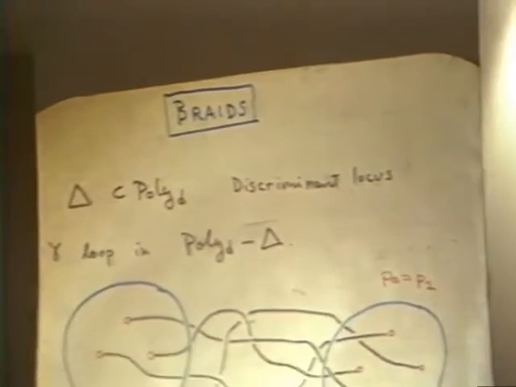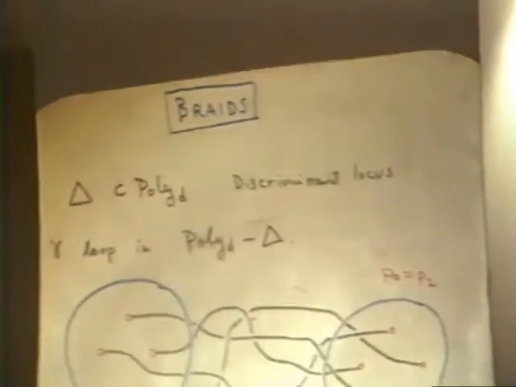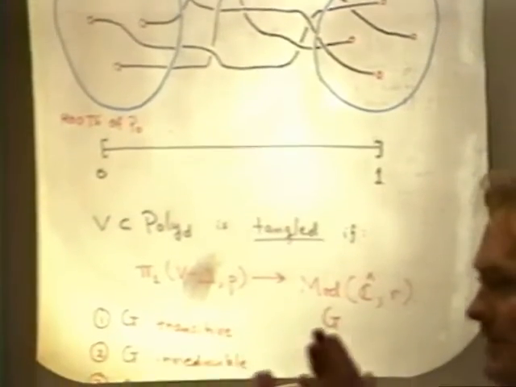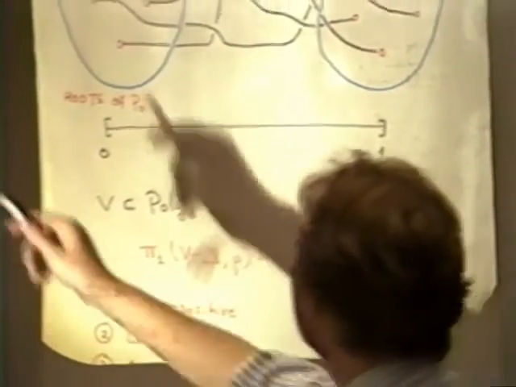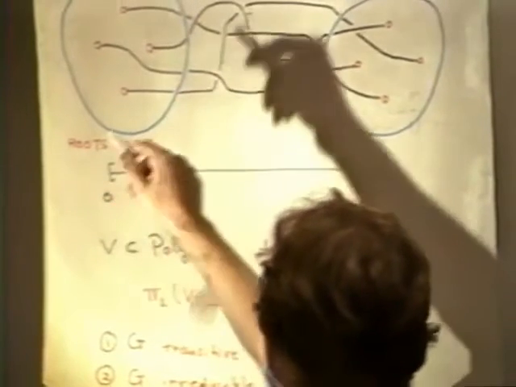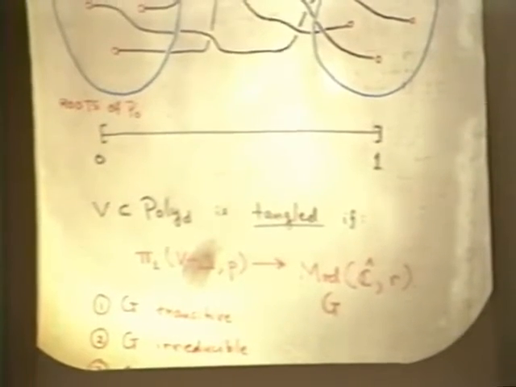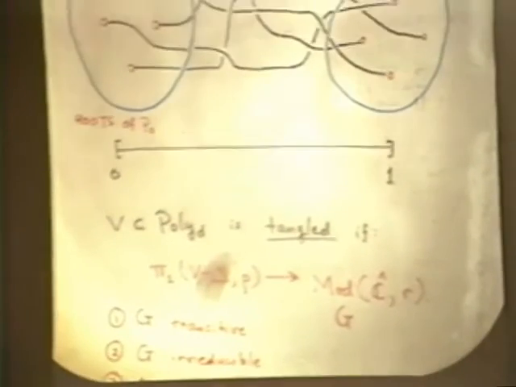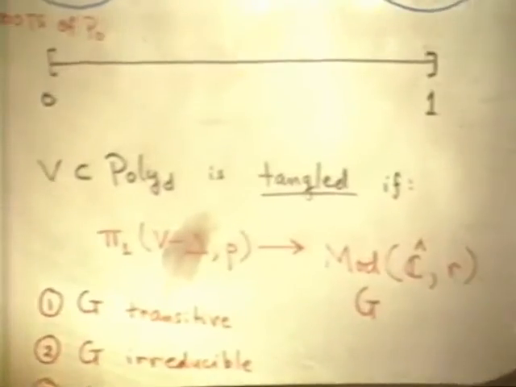So here's an example of a braid. There's a time parameter which goes from 0 to 1, and then here's a picture of the Riemann sphere. And then as the time parameter varies, these points move around on the sphere, and I've drawn the graph of their position versus time. Now the points are not allowed to collide with one another. They're required to remain distinct, and that keeps the strands of the graph separate, and that merits it being called a braid.